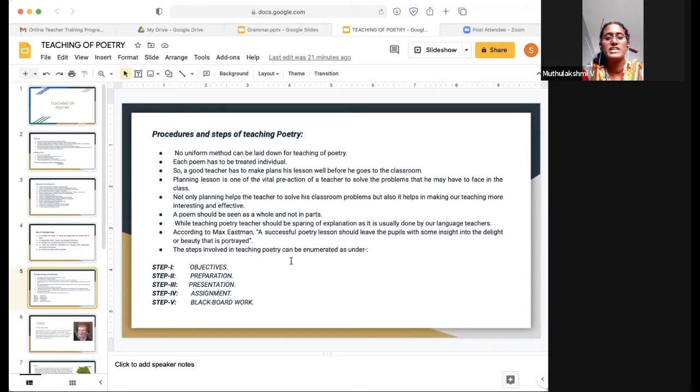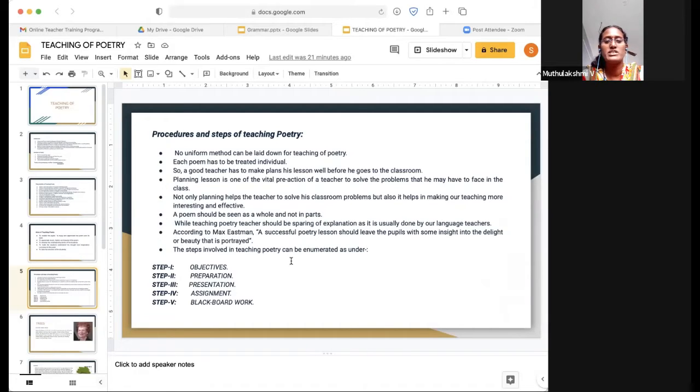A poem should be seen as a whole and not in parts. While teaching poetry, teachers should be sparing of explanation, as is usually done by our language teachers. According to Max Eastman, a successful poetry lesson should leave the pupil with some insight into the delight or beauty that is portrayed.